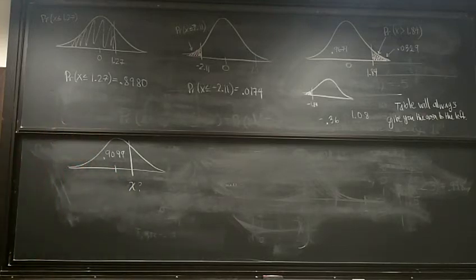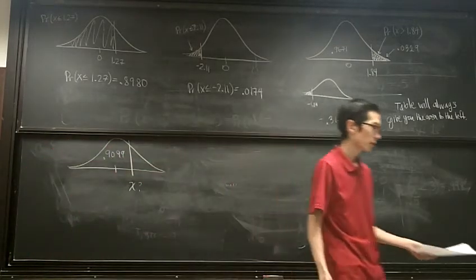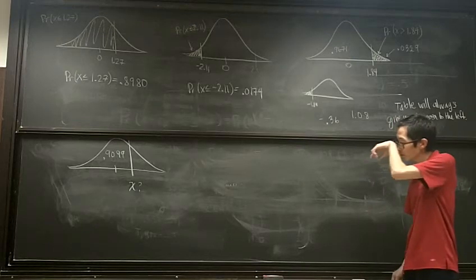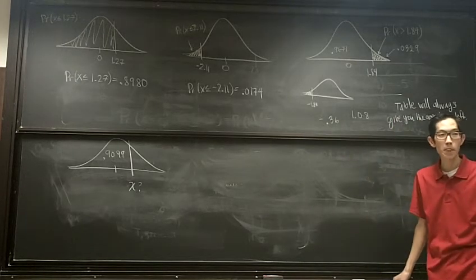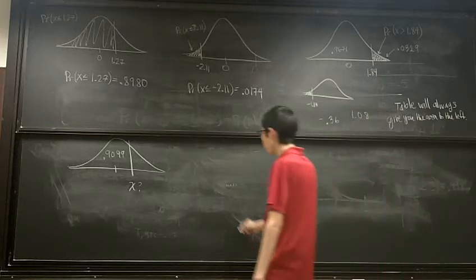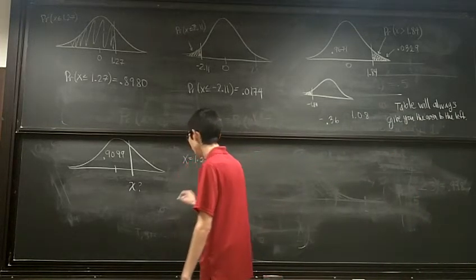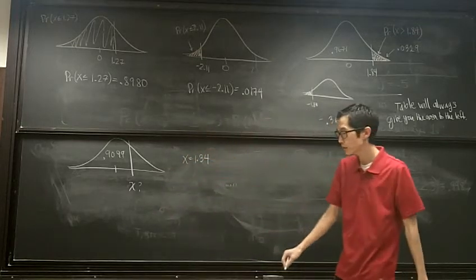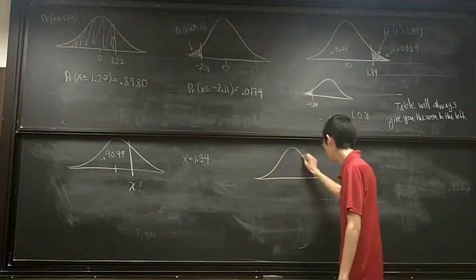The area I have to the left is 0.9099. If you found it, call it out. 1.34. X equals 1.34. Great. So if I have 0.9099 to the left, I drew my x at 1.34.